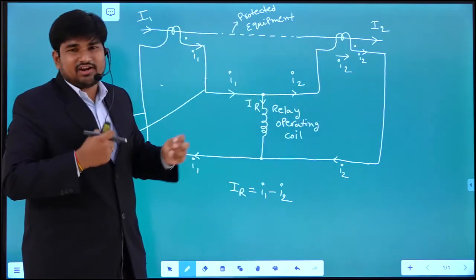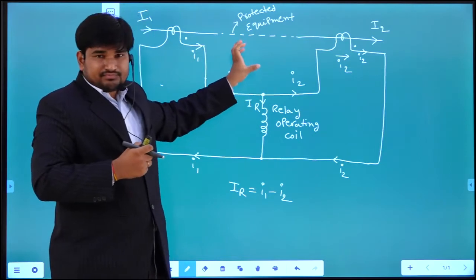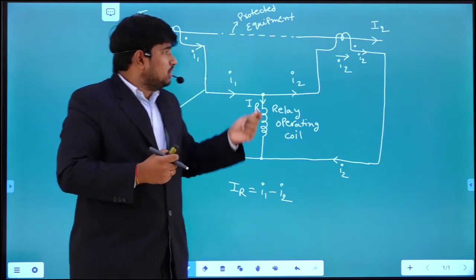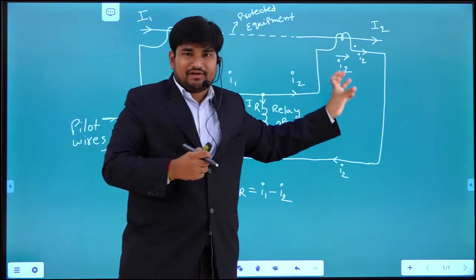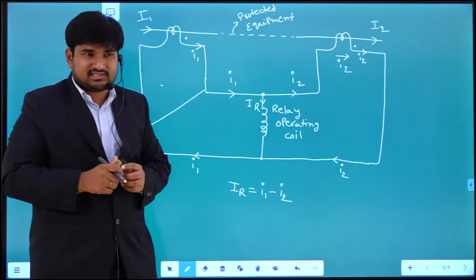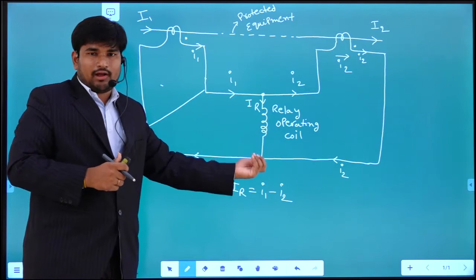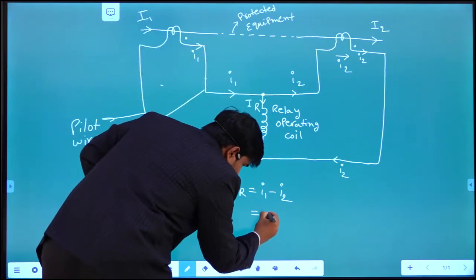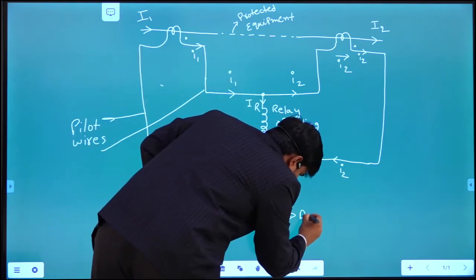And in case of a generator or a transformer, whatever it may be, the current has to be equal during normal operating conditions. Then there is no current passing through the operating coil, right? So IR will become 0 during normal operating condition.